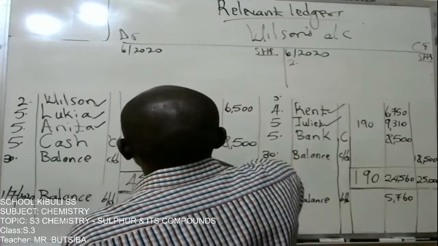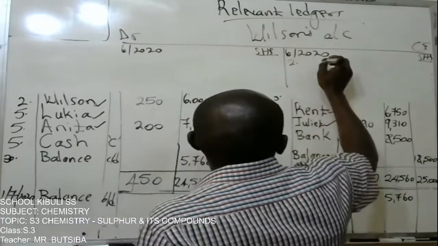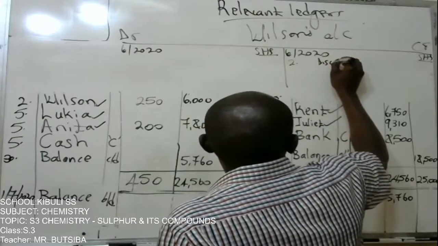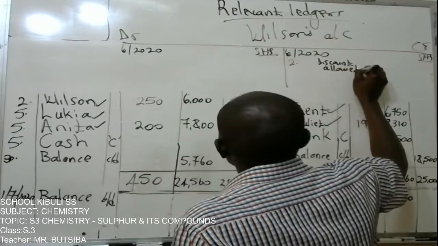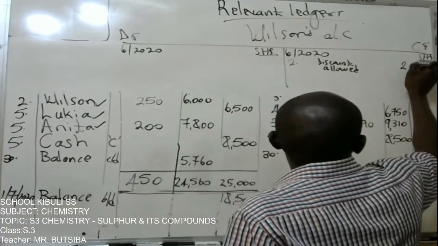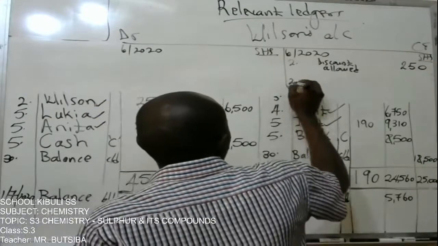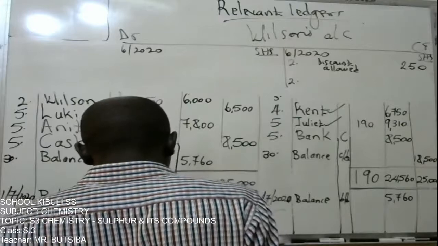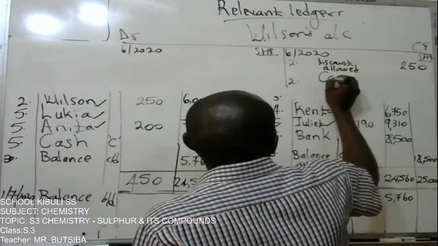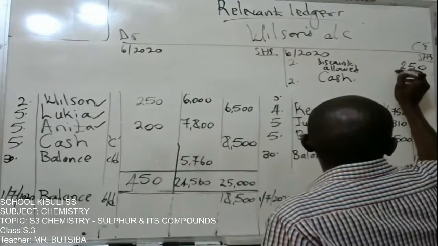You begin with the discount allowed. So you say on second, the discount allowed of 250 shillings. Still on second, open up another item. It was by cash. So you record cash and then you record the amount 6,000.